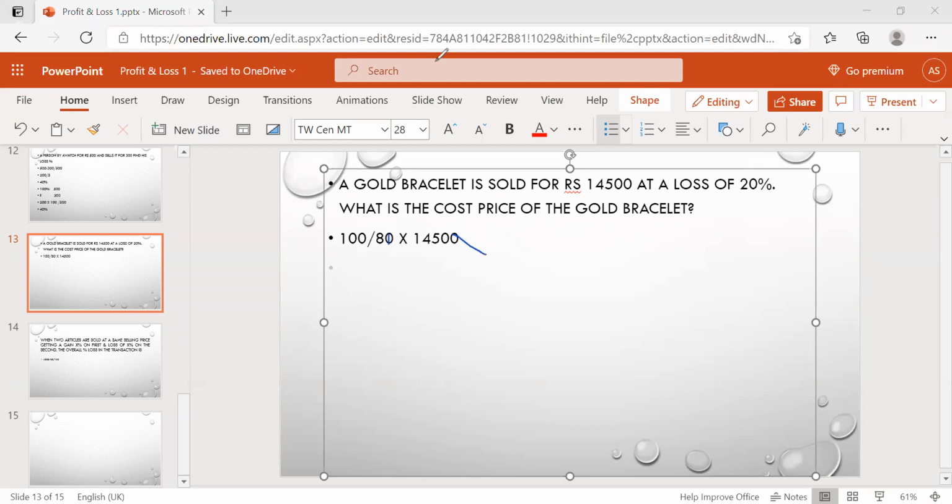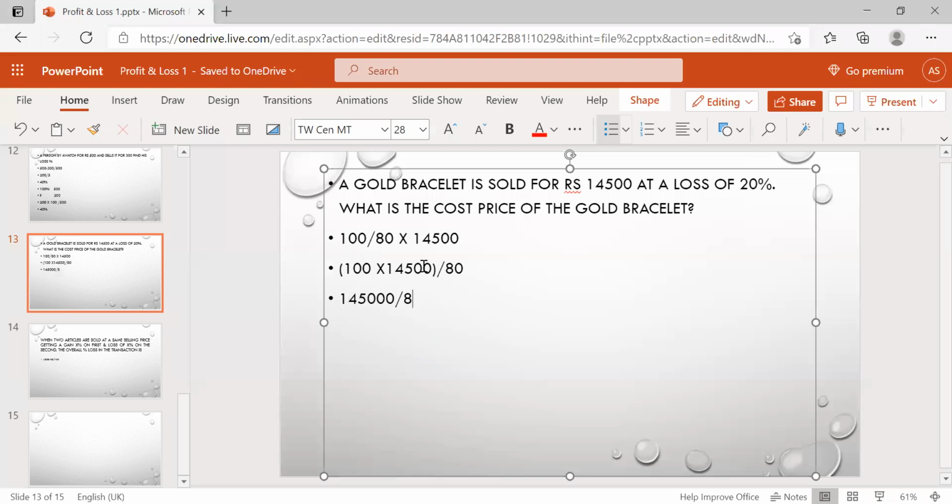You can write like this, first of all, for better understanding. It's nothing but 100 into 14,500 by 80. The zeros get cancelled, and then we'll get 14,500 by 8.